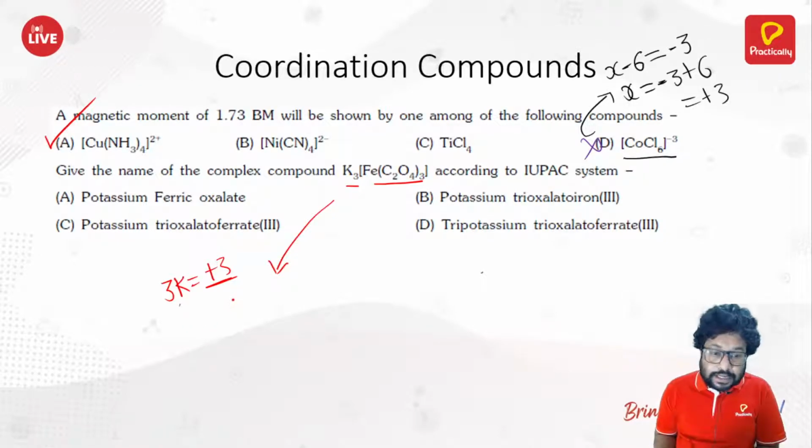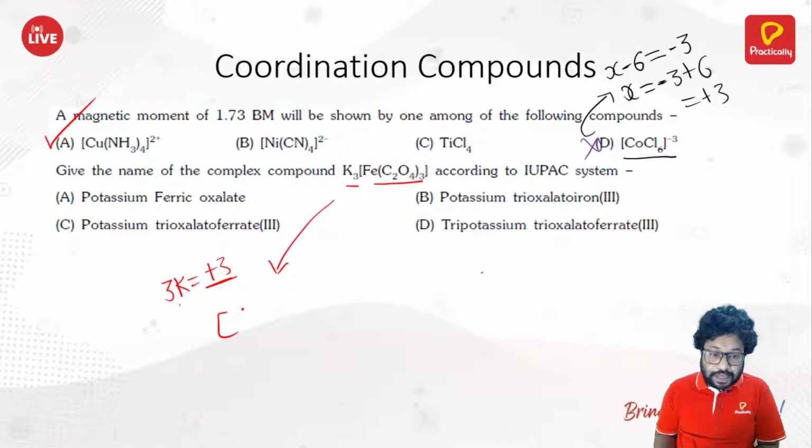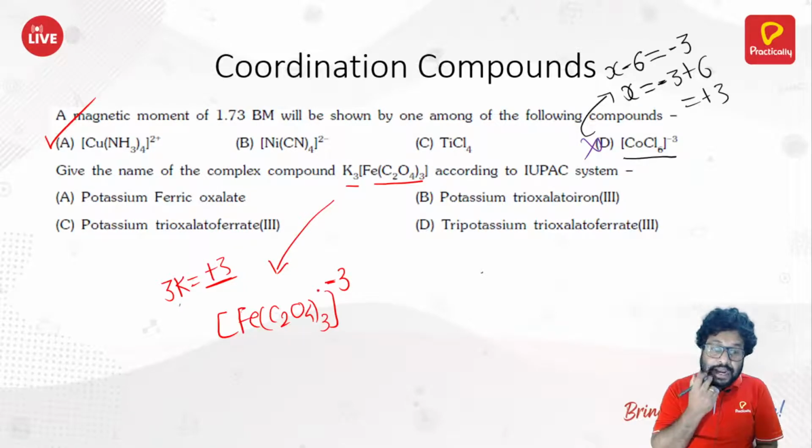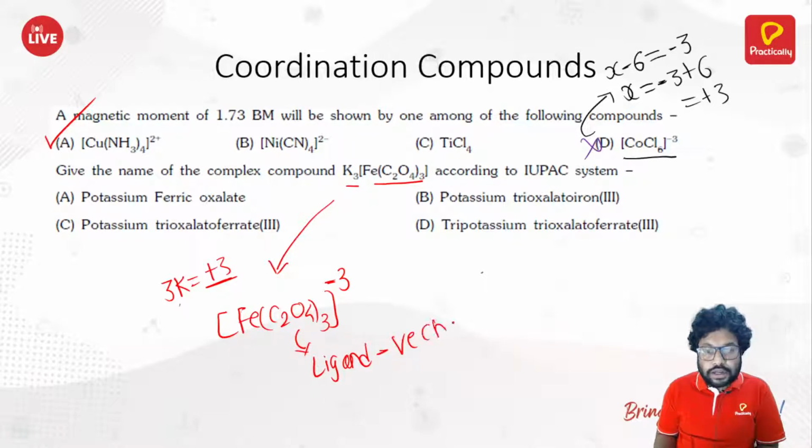So if the charge outside the coordination sphere is +3, therefore the coordination sphere should hold a negative charge. Okay, and whenever you have a negative charge, that means your ligand is a negatively charged ligand.